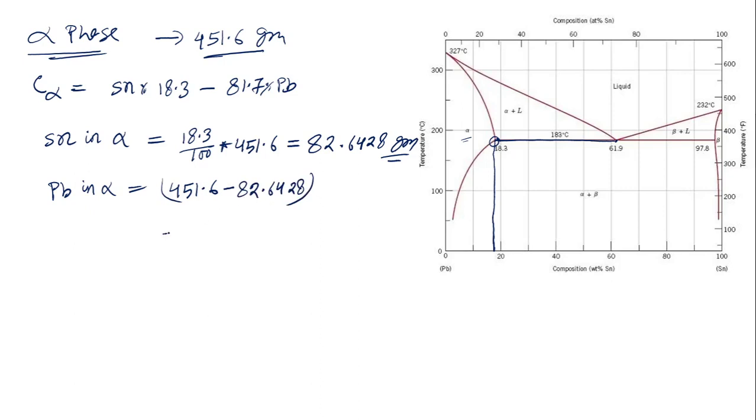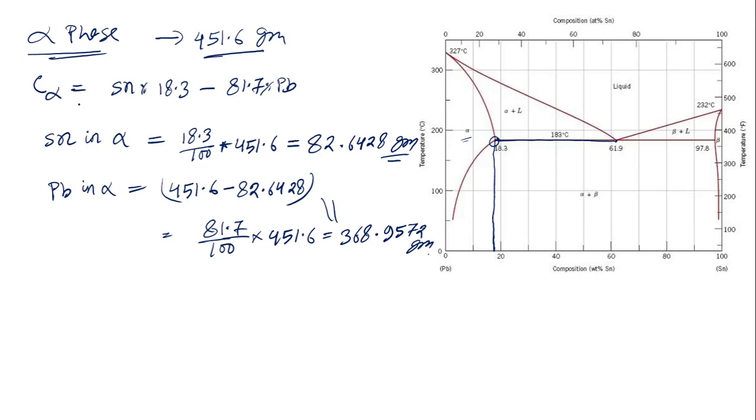Or if you want, you can write 81.7 by 100 into your total amount 451.6, as you wish. You will get the same answer in both cases, and it will be around 368.9572 gram. Please check these values. Okay, these amounts are okay, but please check this amount calculation.